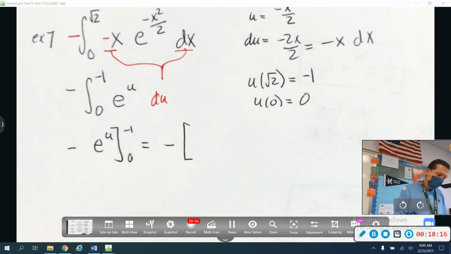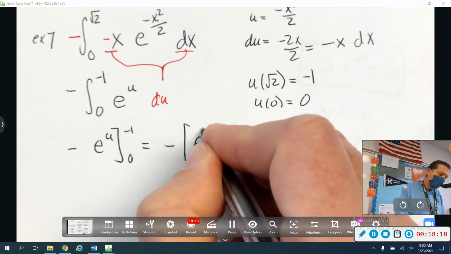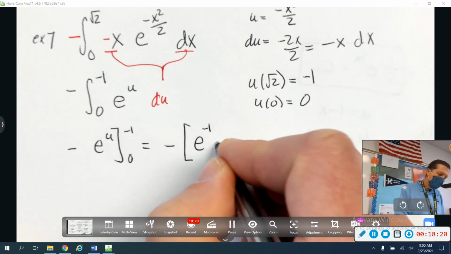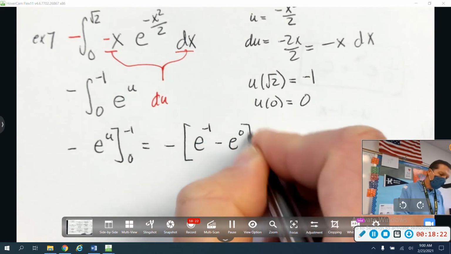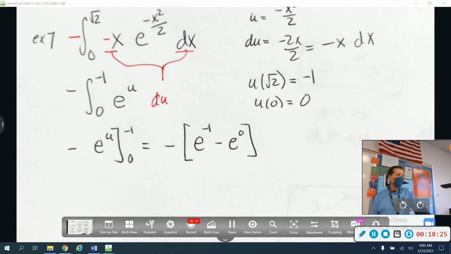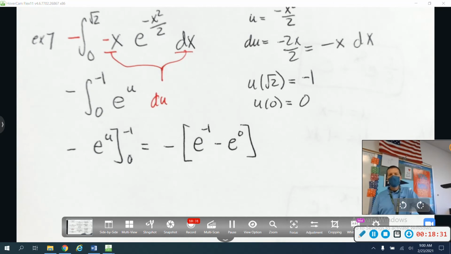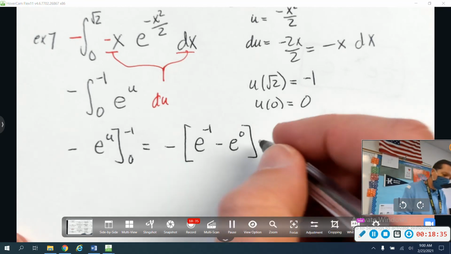So negative out front, e to the top one, minus e to the bottom one. And that would be a perfectly acceptable free response answer right there. I mean, there's a lot of messy stuff going on, but it would be an okay free response answer.